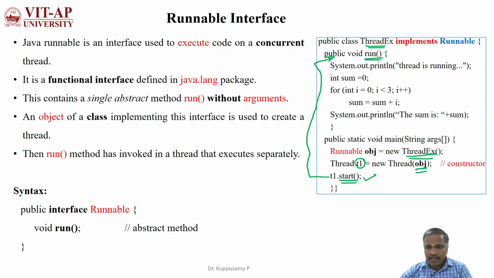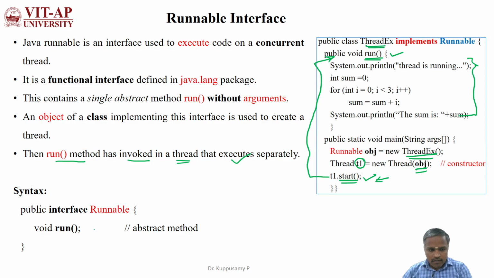So automatically the run method will be called by t1.start, then it will perform the action which is defined here. So that's what is given. The run method is invoked in a thread which is executing separately. That means once it is invoked, the run method will be executed separately.